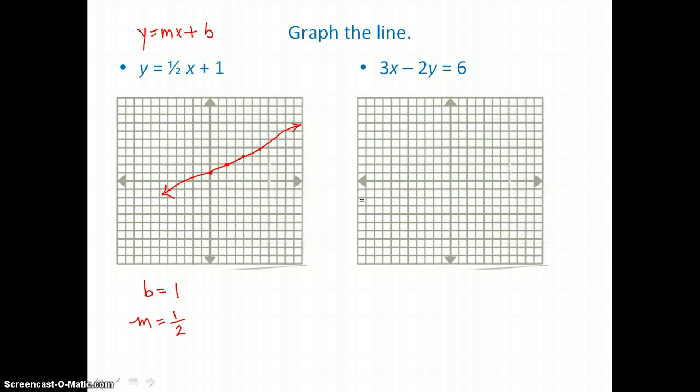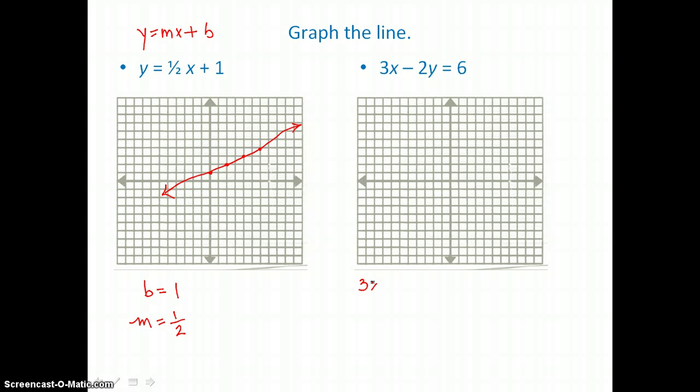Okay, the second line that we're going to graph is 3x minus 2y equals 6. This equation is in standard form, and because the coefficients 3 and -2 both divide evenly into 6, using x and y intercepts is a good method for graphing this line. So I'm going to first find the x-intercept by letting y equal 0.